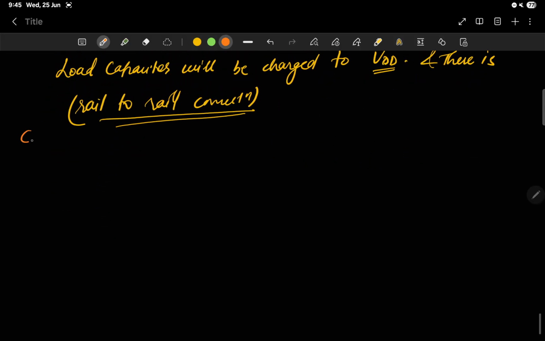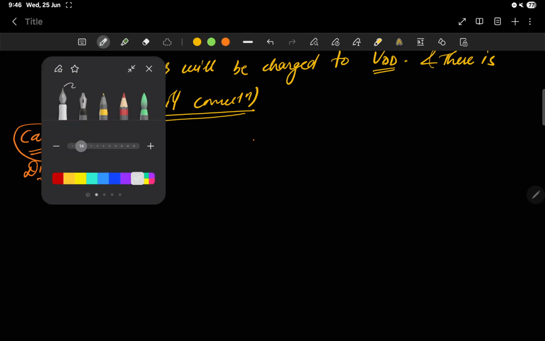Now let's discuss case 2. What will happen if we are discharging my load capacitor using PMOS? Let's again make the circuit.